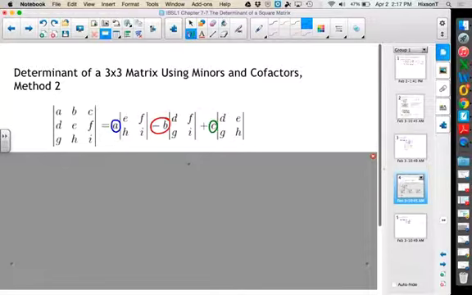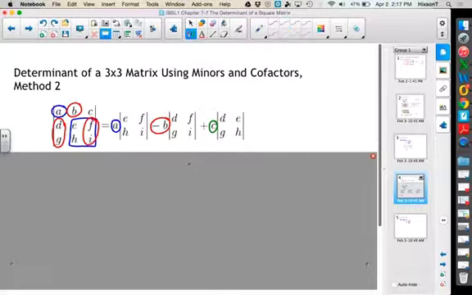First of all, notice A is right here. E, F, H, and I are right here. Now don't anyone say anything for a moment until we go through all three, and then we'll see if you can pick up on the pattern. B is here. D, F, G, and I are here.